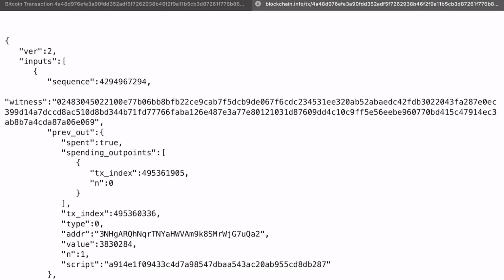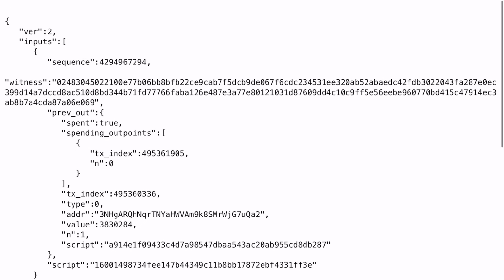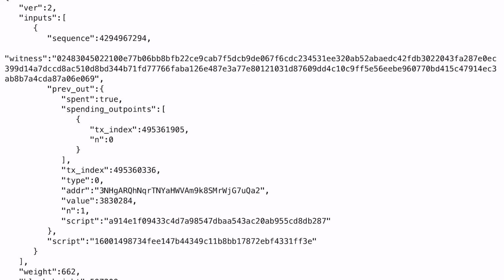Let's take a quick look at how Bitcoin signs a transaction. I randomly picked one transaction logged in the blockchain today. Here you can see this is a segregated witness transaction, and here is the witness signature.